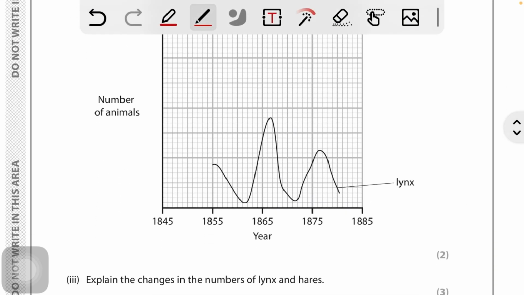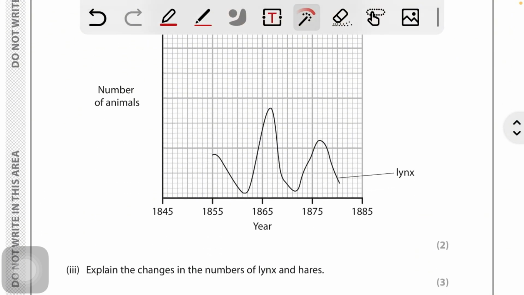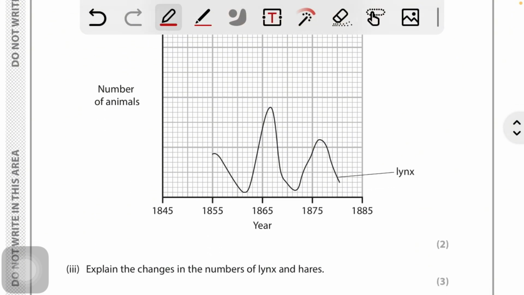So the question says that we need to sketch a line graph on graph 2 to show the likely changes. It does not need to be absolutely accurate. We just need to figure out the predicted answer, like likely changes. A predicted one.